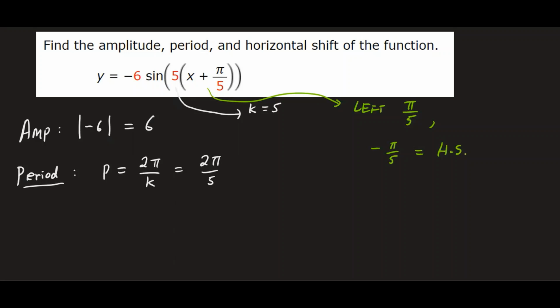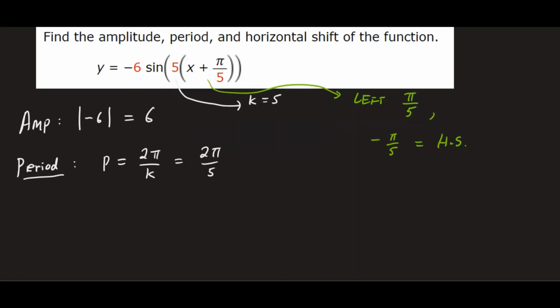Okay, so knowing that, we can also determine on which interval the graph completes one cycle. So let's figure that out. We know the basic sine completes one period on the interval 0 to 2 pi. Well, in our case, our period is not 2 pi, it's 2 pi over k, so it'll be 0 to 2 pi over 5. But now because it's been shifted to the left, we're going to subtract the shift from each x component.